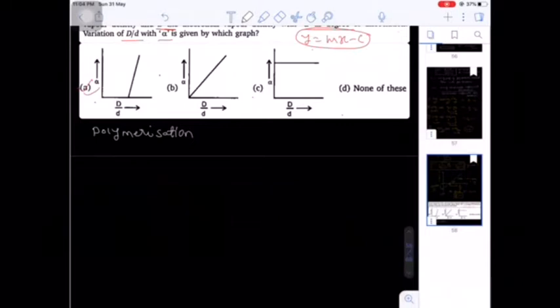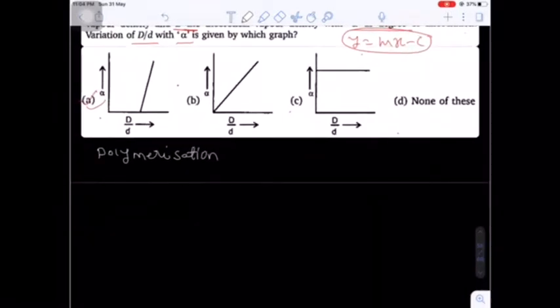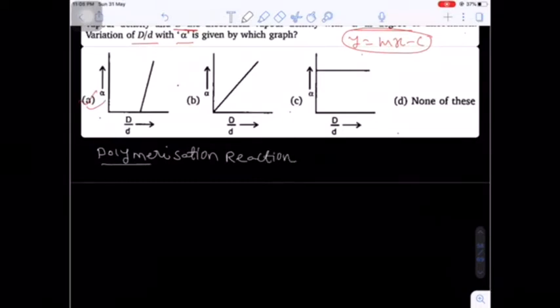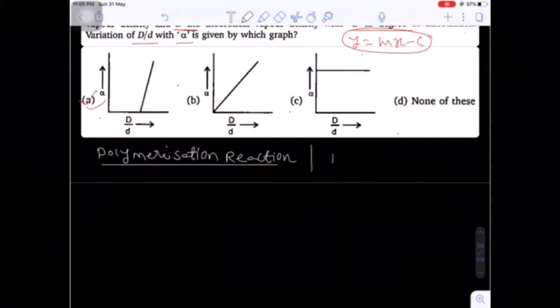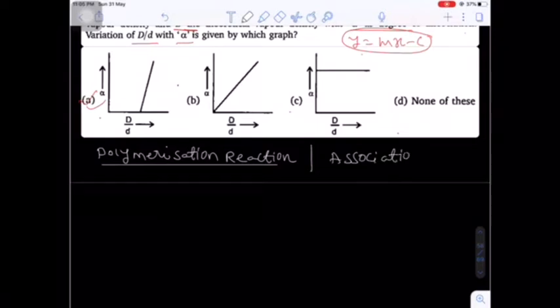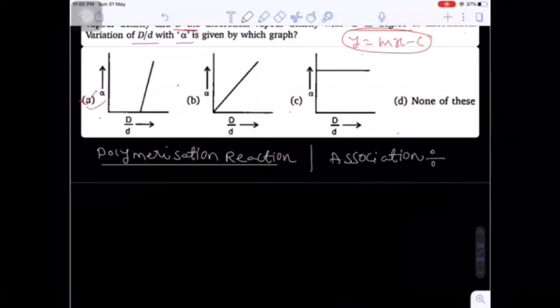In this polymerization reaction, it is known simply as association.